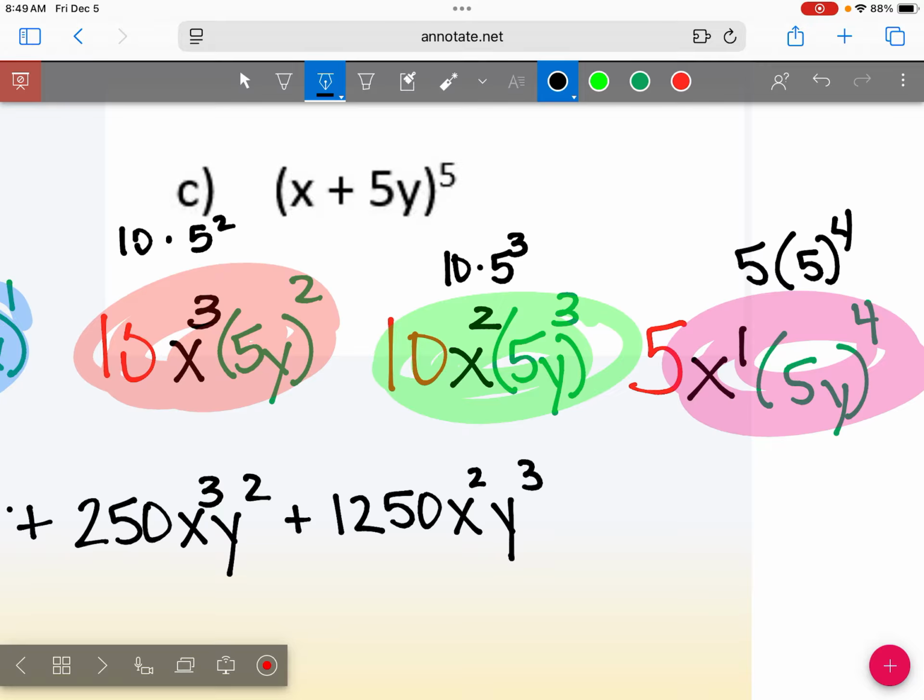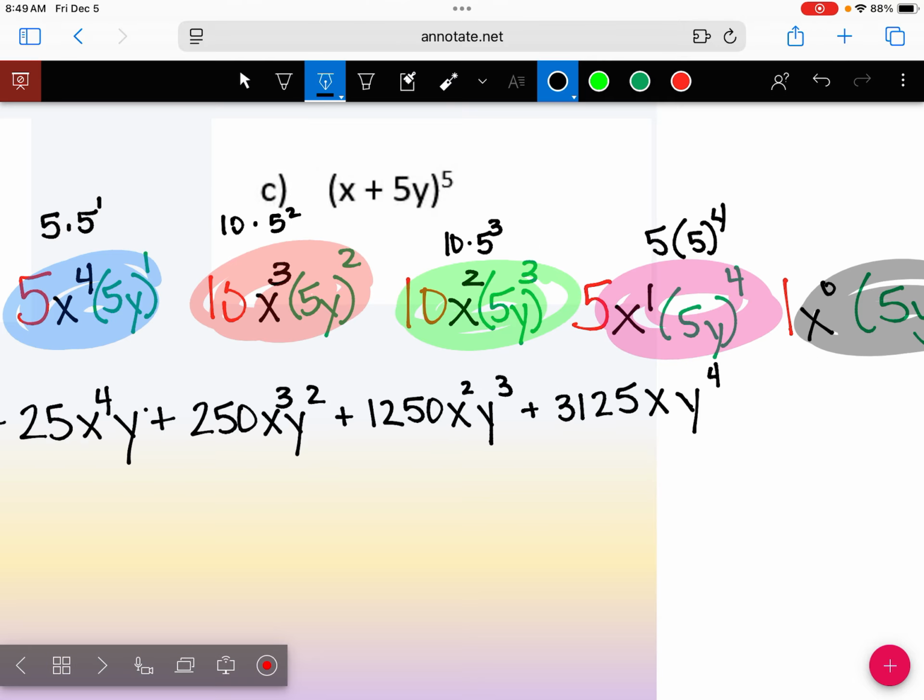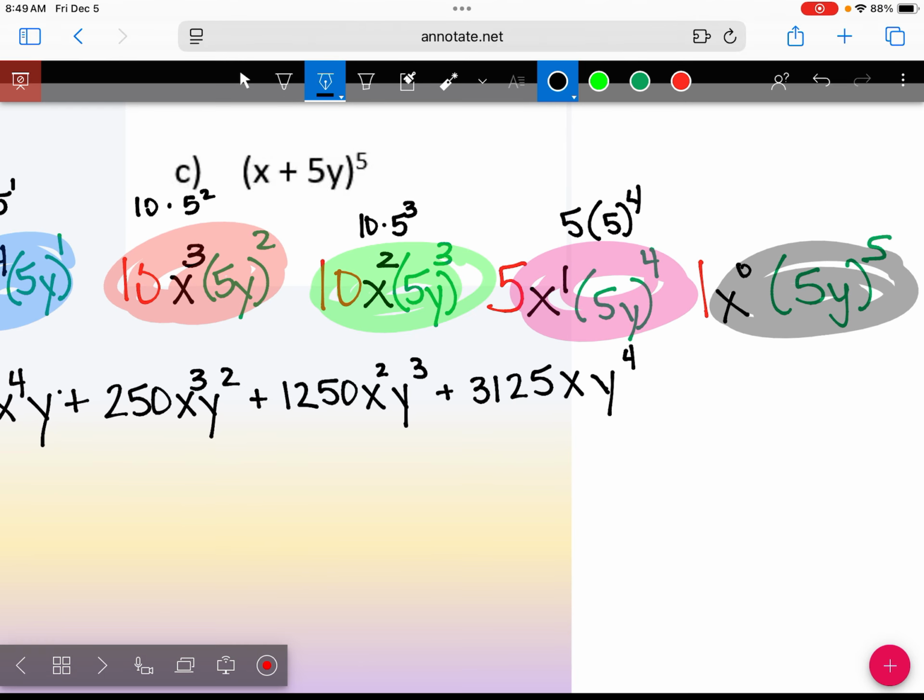Okay. 3,125. 1x and 4 y's is with that last one, or with the next one. And then for the last one, we just have a 1. This goes away. So the only numbers I have left, again, is another 5 to the power of 5, which is going to be 3,125 y to the 5th.